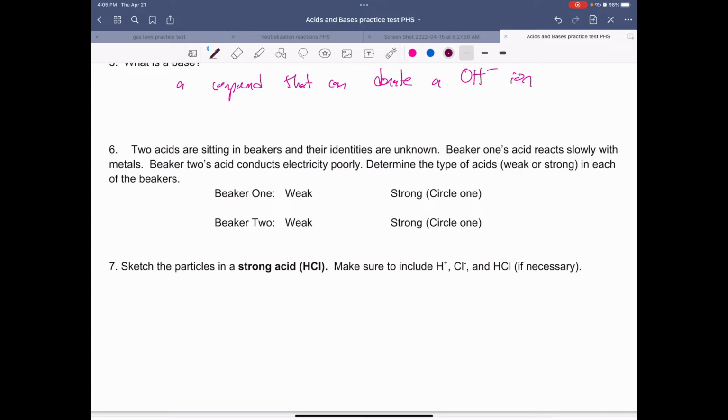So if it reacts slowly with metals, that means that this must be a weak acid. Beaker 2's acid conducts electricity poorly. Remember that strong acids conduct electricity really, really well because there's so many ions going around, and that's what conducts electricity. So if this conducts electricity poorly, that means that it is also a weak acid.